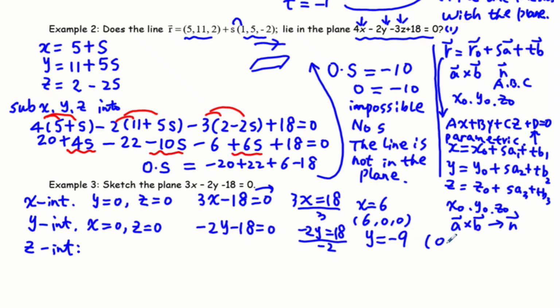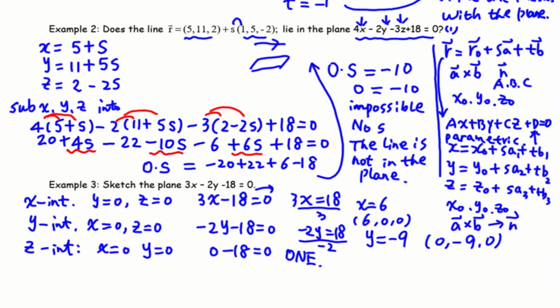So the y-intercept is (0, -9, 0). The z-intercept is when x and y are 0. Subbing in, we have 0 minus 18 equals 0, so it doesn't exist. So no z-intercept.